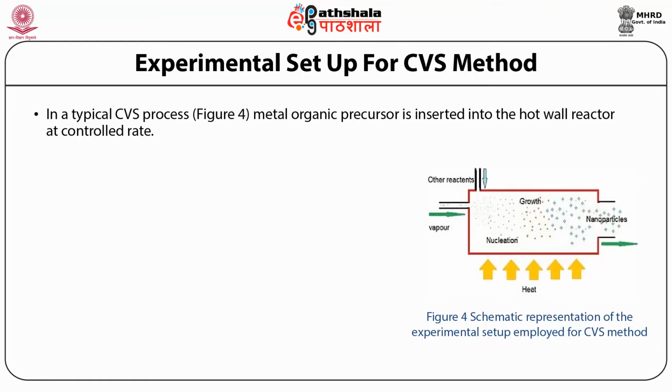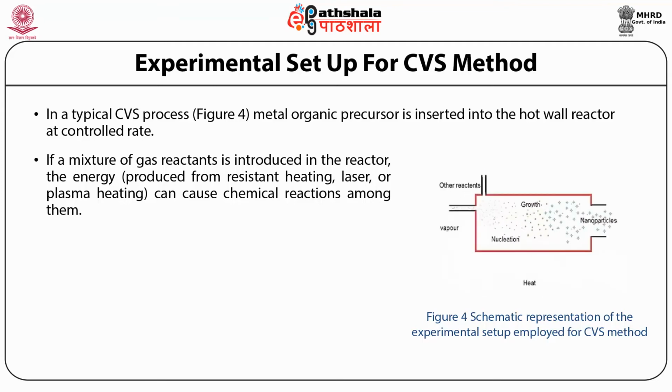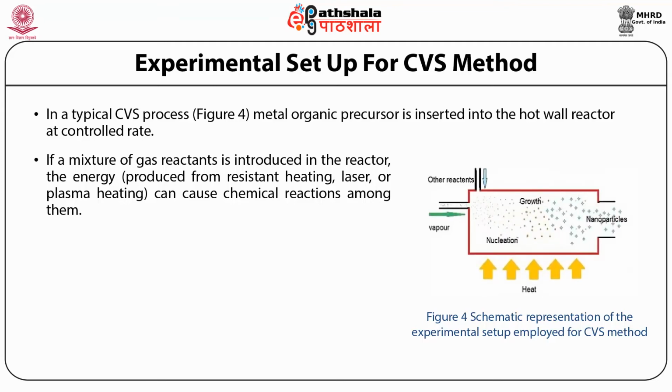For producing halide, nitride, carbide, or metal oxide nanoparticles, the reaction chamber is filled with the respective reactive gas precursors. If a mixture of gas reactants is introduced in the reactor, the energy which is produced from resistive heating, laser, or plasma heating can cause chemical reactions among them.